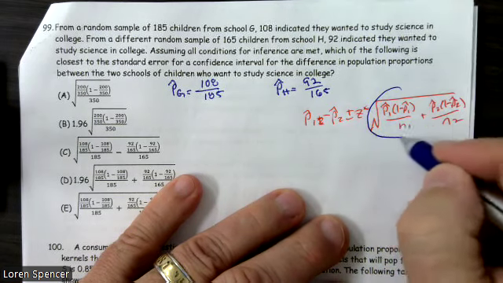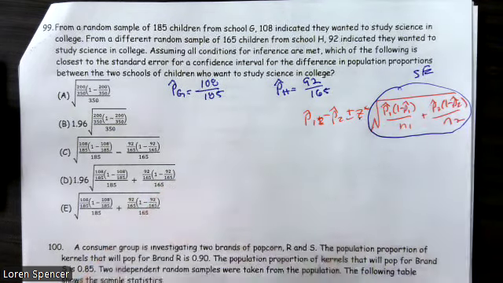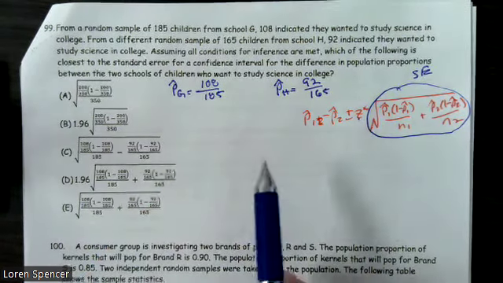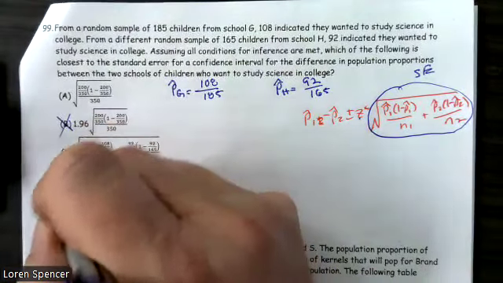The part circled in blue is my standard error. Make sure you remember that. Margin of error includes the Z star. So anything that has the Z star, we know to be wrong.